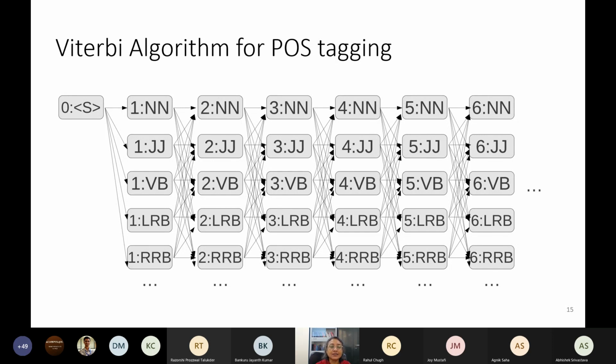Suppose these are the words: W1, W2, W3, W4, W5, and W6. And these are the possible parts-of-speech tags. We are just showing 5 of them; there could be more. The first word could have been noun, adjective, verb, left bracket, or right bracket.